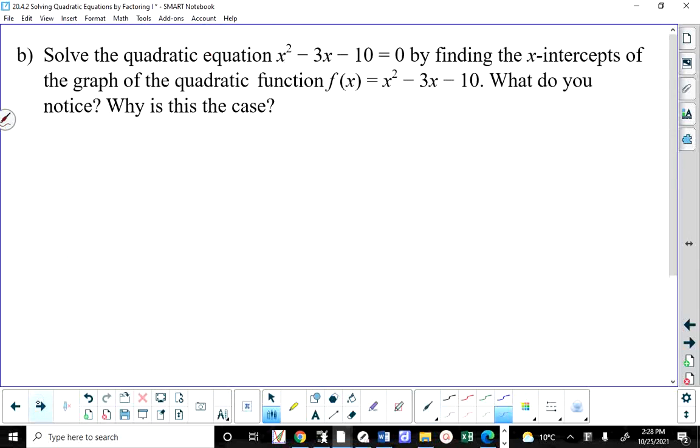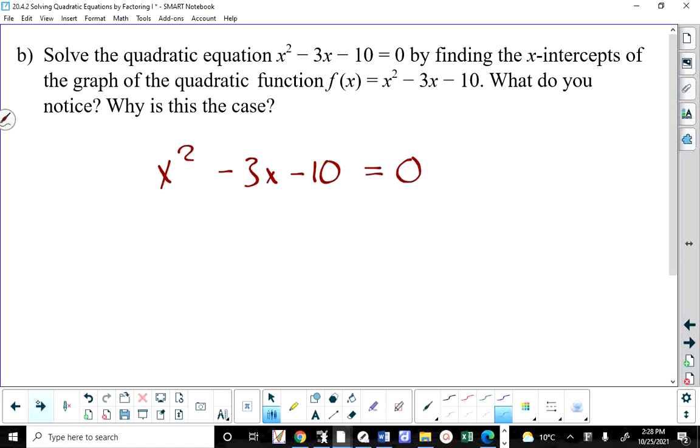Let's move on to warm up 2. Solve this quadratic equation. Now, I want you to recognize that this quadratic equation, x squared minus 3x minus 10 equals 0, contains the quadratic expression that we just factored. Okay, there's a connection here.